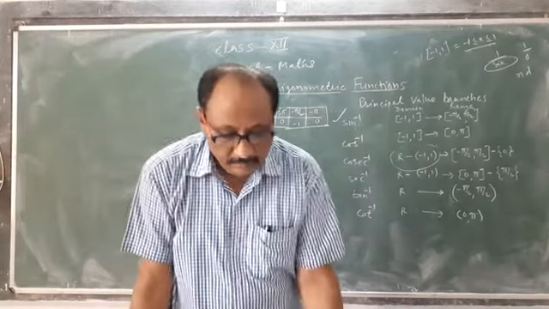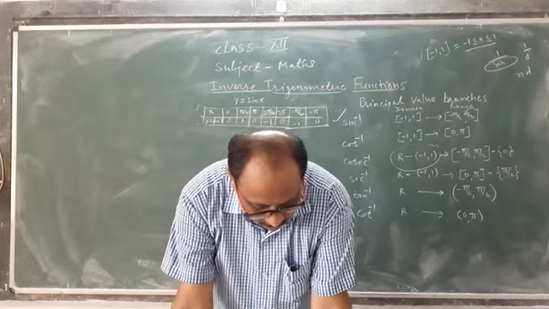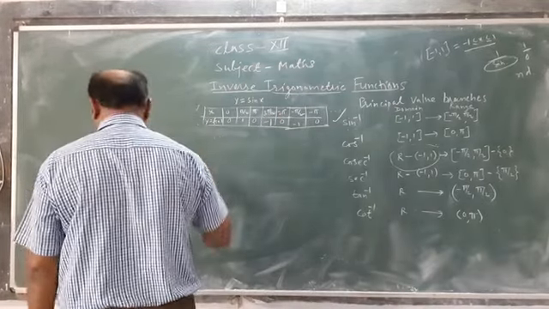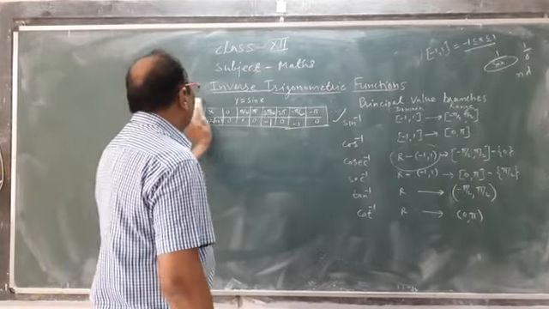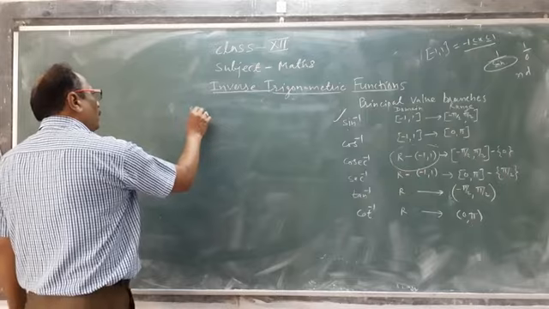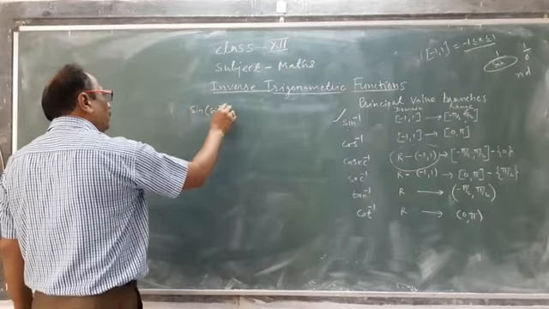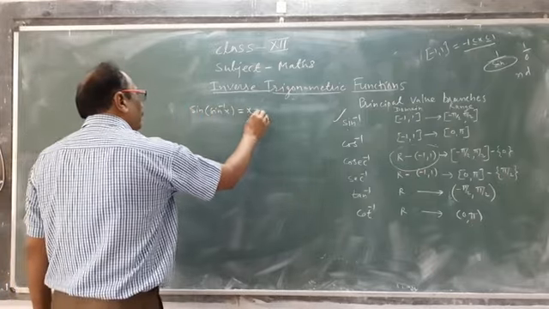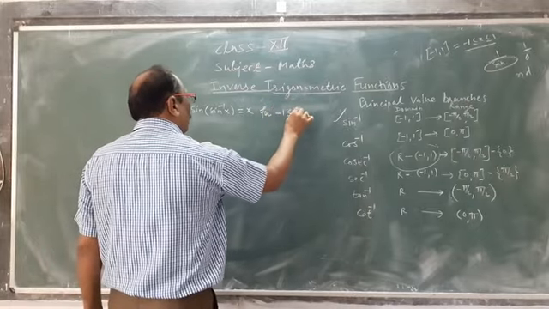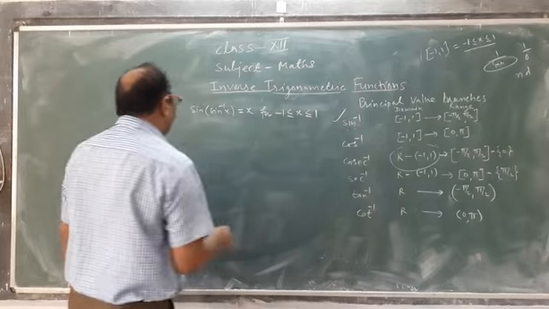Let me take sin inverse of x. Sin inverse of x is equal to x for -1 less than or equal to x less than or equal to 1.